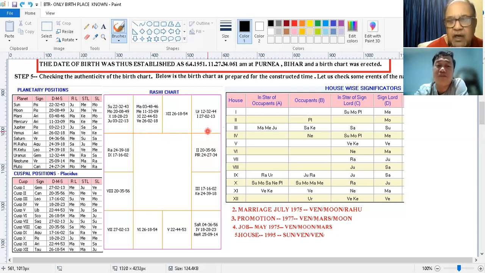This is how you have to learn, so that without referring to any notes, if I ask you in whose nakshatra Ketu is situated, you should know by looking at the longitude of Ketu that it is in the nakshatra of Venus. That is very important.